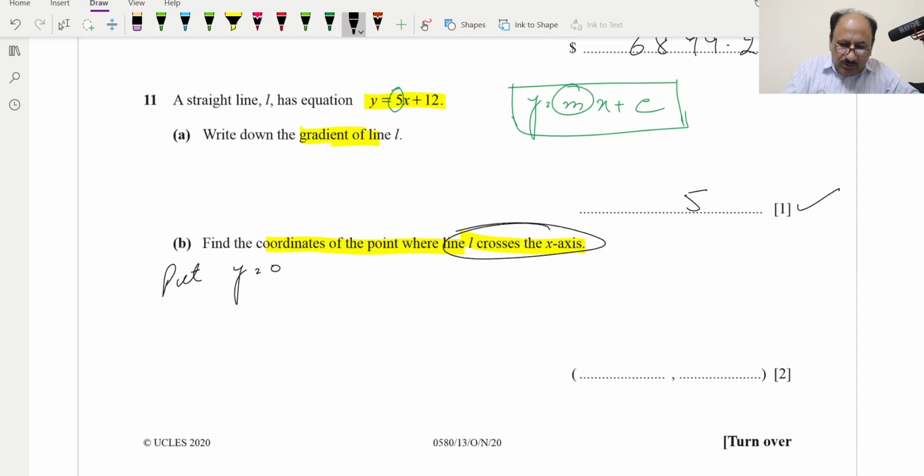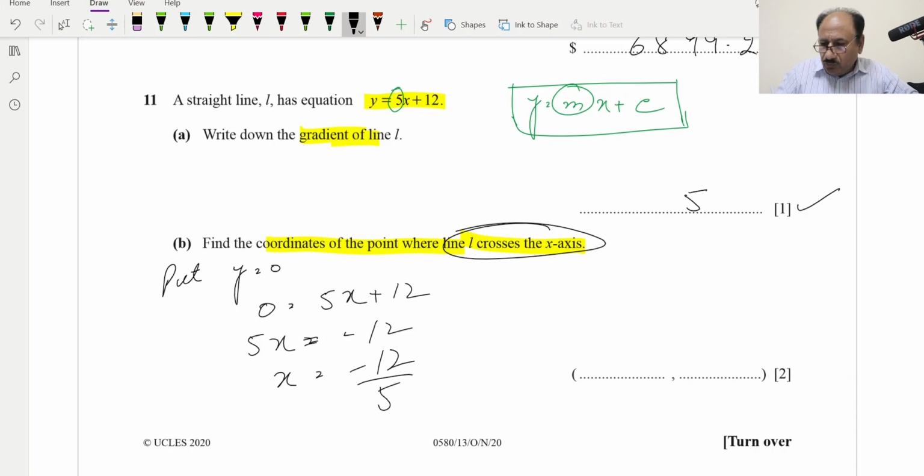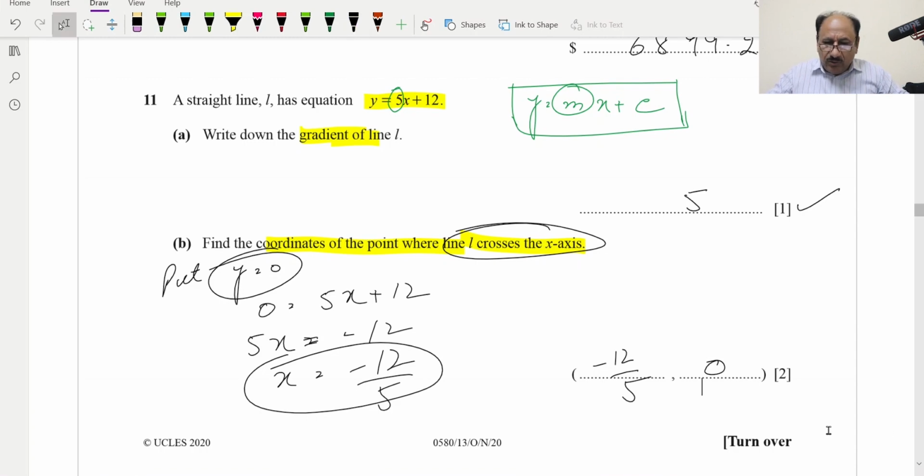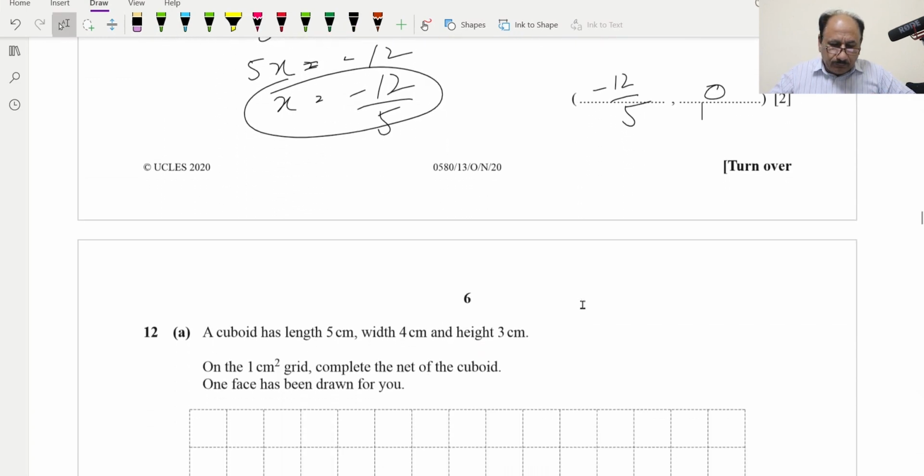So 0 is equal to 5x plus 12, so it means 5x is equal to minus 12, and x will be equal to minus 12 over 5. So the point will be, this is our x value, minus 12 over 5, and the y value which we have taken over here is 0, so we will write here, this will be the coordinates of the point.